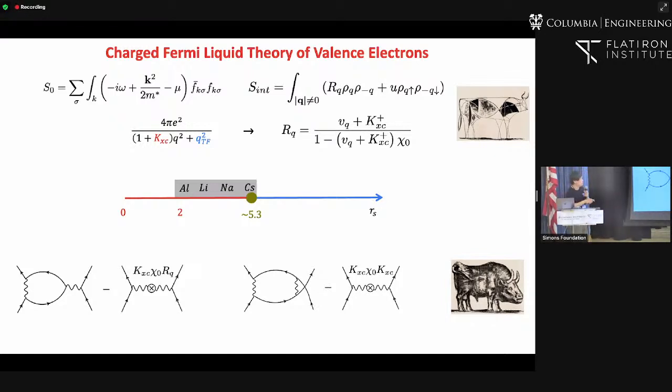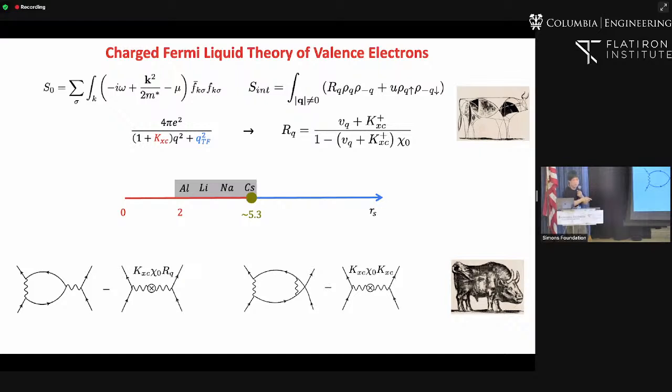The rough idea is like this. We all know how to do RPA or GW for real materials, right? And this theory, if you just turn off this kernel, reduces to RPA and GW. Actually, it reduces to a specific approximation called linearized quasi-particle GW for real materials. Then you just extend the existing linearized quasi-particle GW calculation with a kernel.